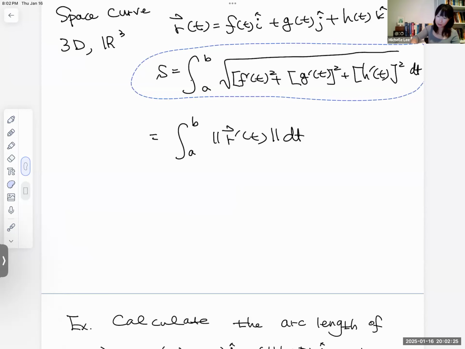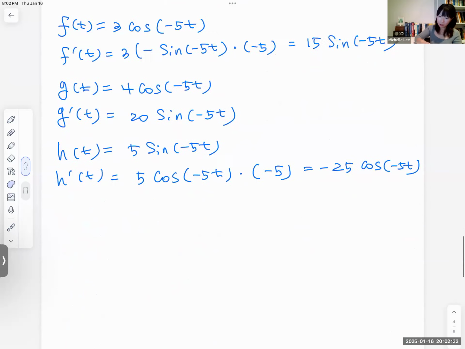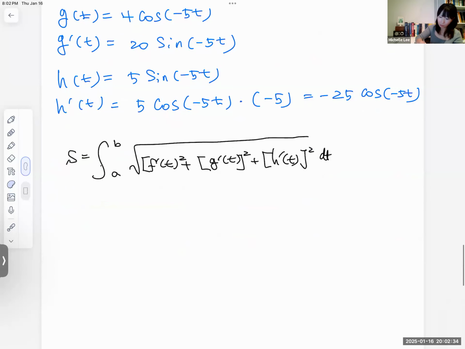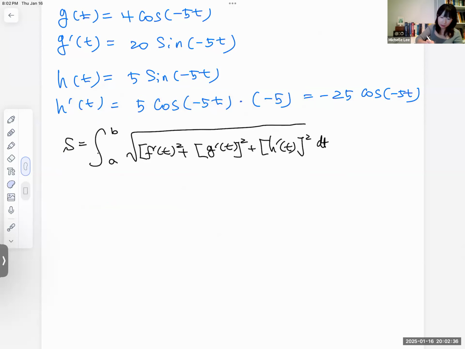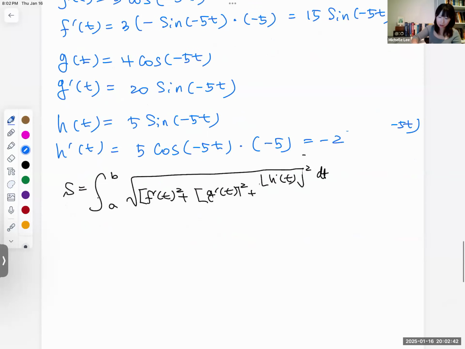A lot of work. So from 0 to pi, definite integration.